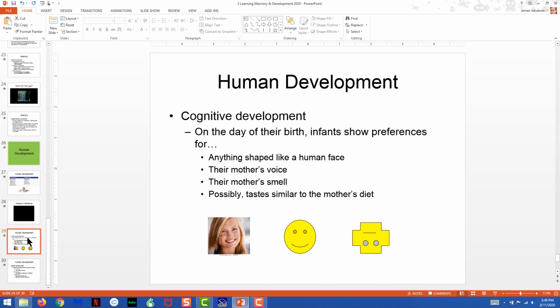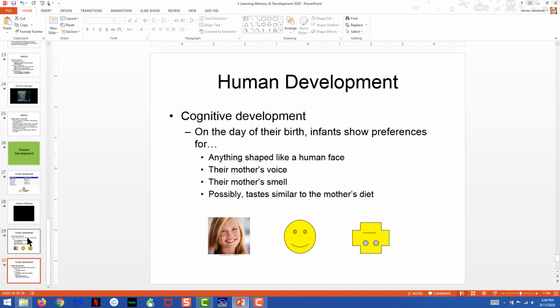And so it's, of course, rather difficult to evaluate the degree to which a child will respond to smells or tastes at an early age, but the amount of evidence that exists seems to indicate that children prefer their mother's scent above the scent of other people, male or female, and that tastes that the mother ingested during her diet while she was pregnant are tastes that the child will prefer once he or she was born.